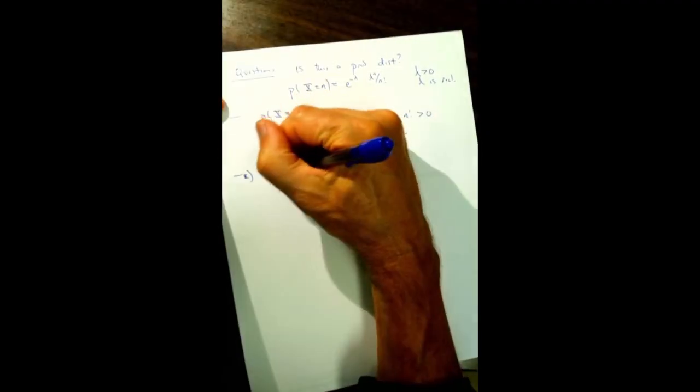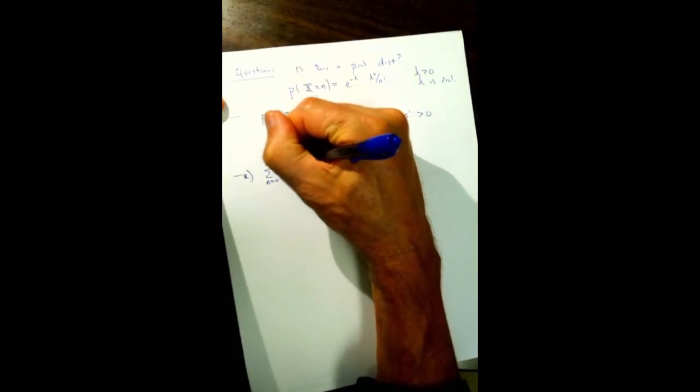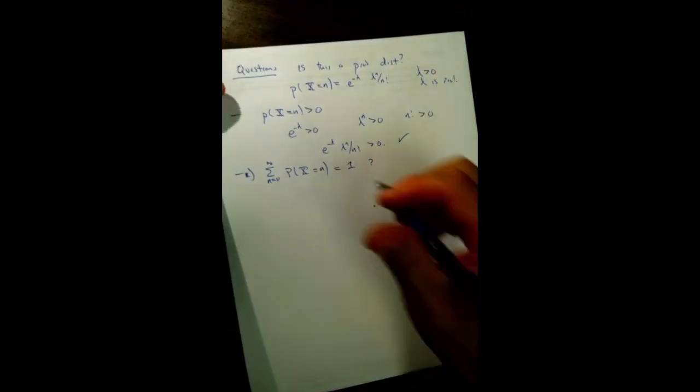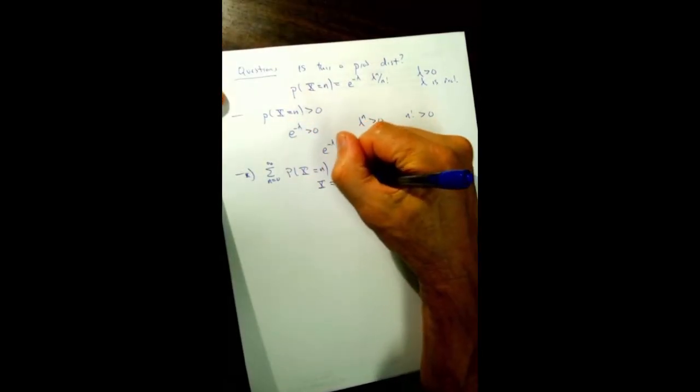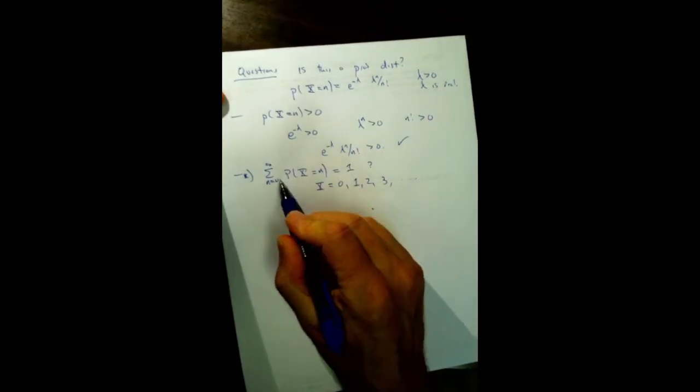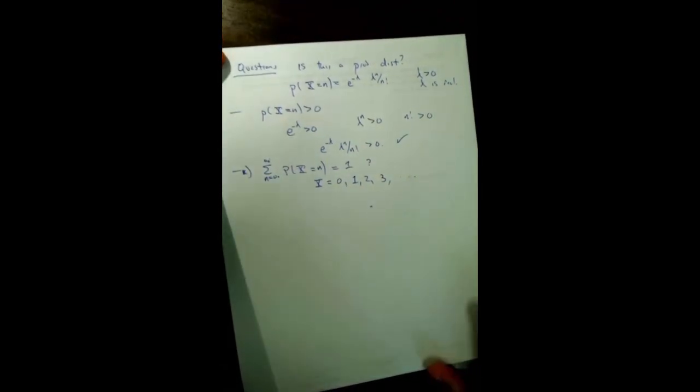The other thing to ask is, if I add all these up over all possible values, is it equal to 1? Okay, so again, the possibilities are x could be 0, 1, 2, 3, and so on. So that's where n going from 0 to infinity is coming from.